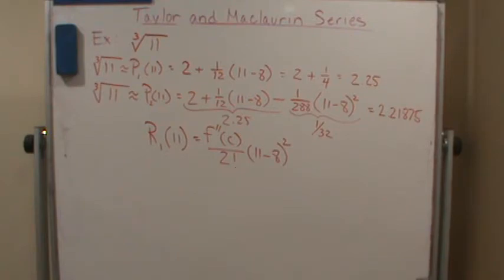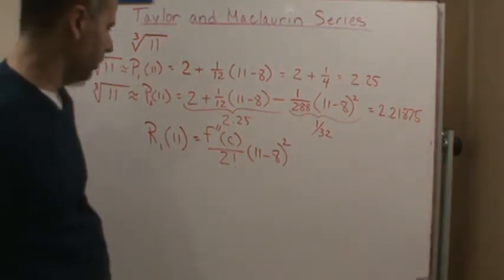Okay, now we do not know the exact value of C. So what we're going to do is find the upper bound of R sub 1 by determining the maximum value of the second derivative on the interval 8 to 11.